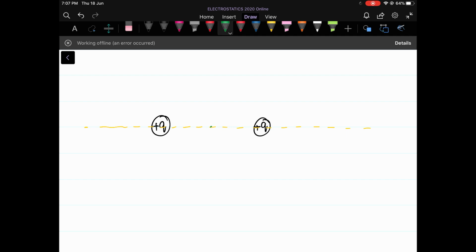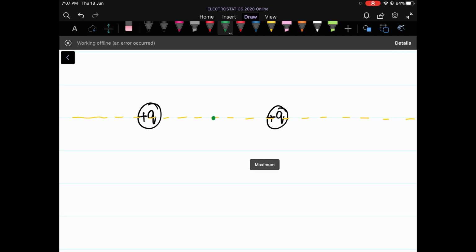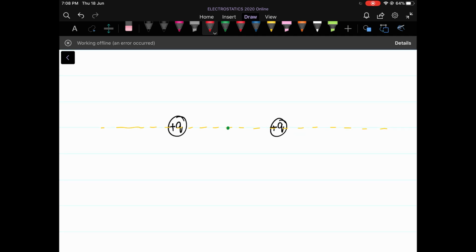If I take the center of these two charges and keep our positive test charge right at the center, you will notice the first charge is going to repel it in this direction. Even the second charge is going to repel it, but in this direction.